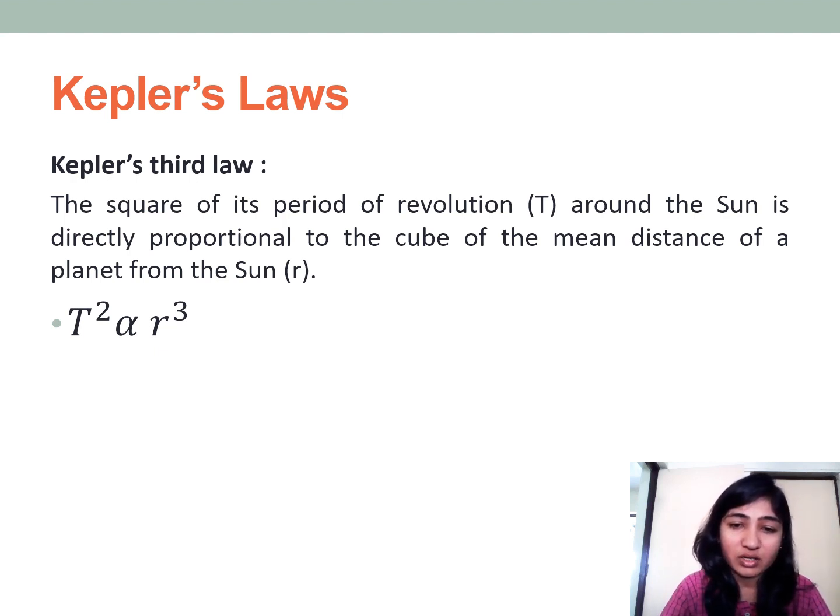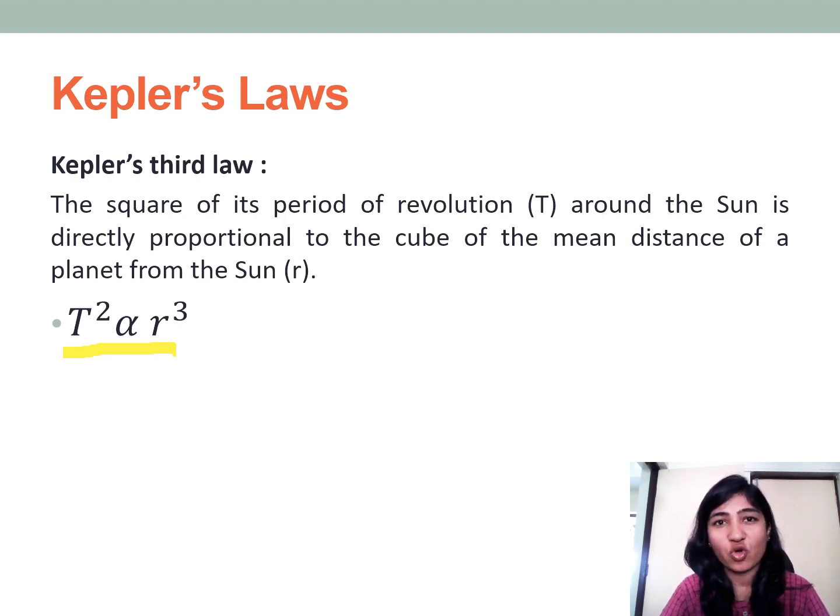Here R is the mean distance of the planet from the sun. It is not the radius, because the orbit is not circular, the orbit is elliptical. So R is the mean distance of the planet from the sun, because as the orbit is elliptical and the sun is at one of the foci, the distance of the planet varies from point to point.